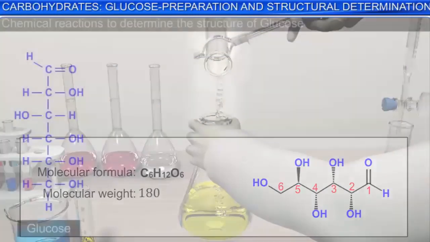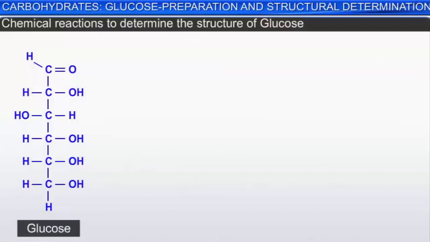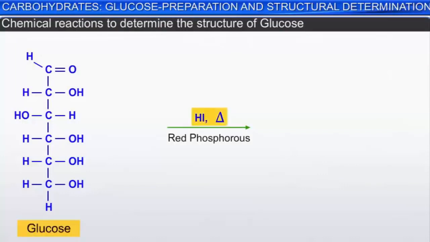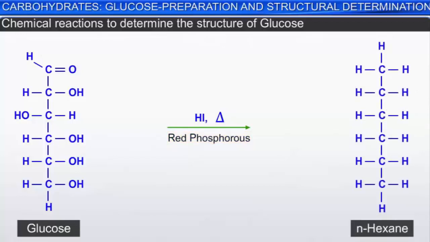For example, the reaction of glucose with hydrogen iodide: glucose on prolonged heating with hydroiodic acid in the presence of red phosphorus results in the formation of n-hexane. The formation of n-hexane indicates that all the 6 carbon atoms in glucose are linked in a straight chain.